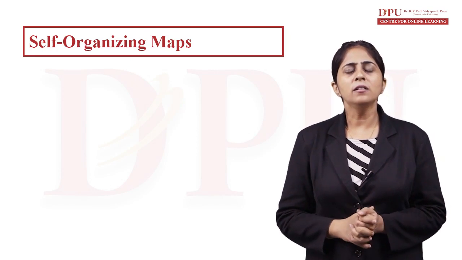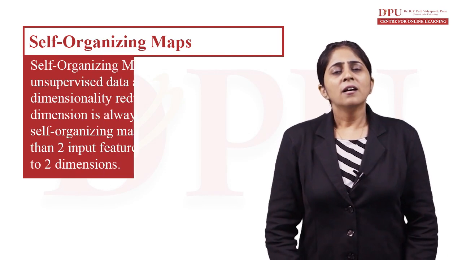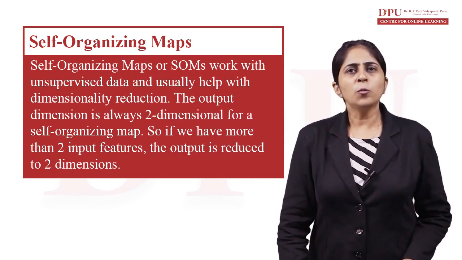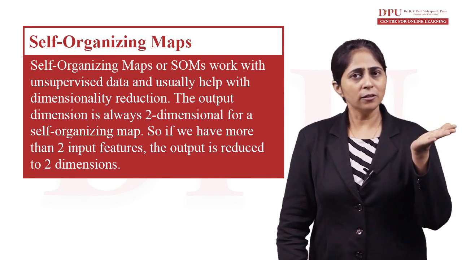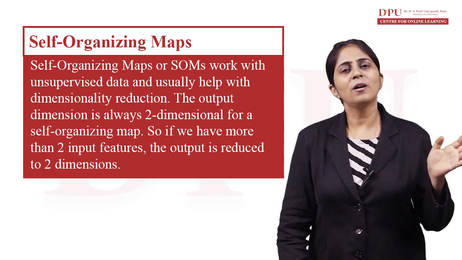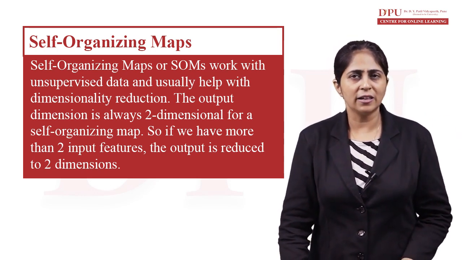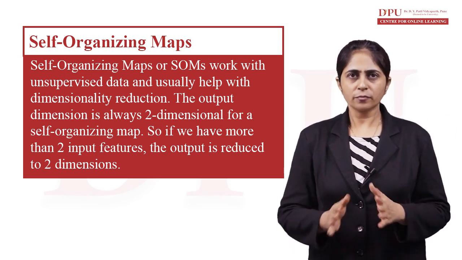Coming to the next one, that is the self-organizing map, or SOM. They work with unsupervised data. The ones we talked about earlier, RNN, CNN and the classic neural network, work with supervised data. Now we are talking about unsupervised data models.